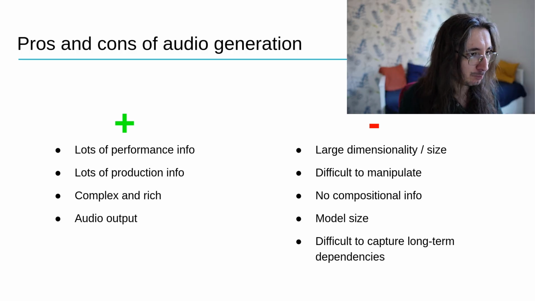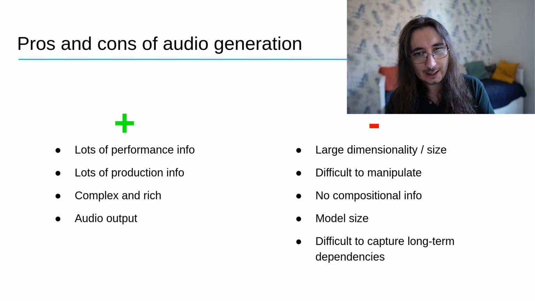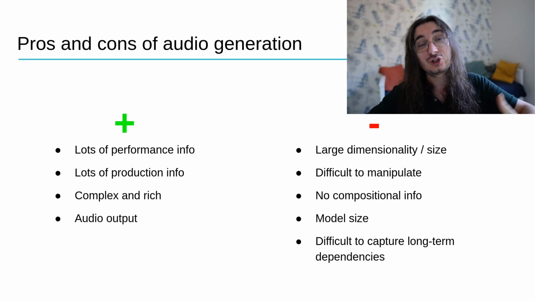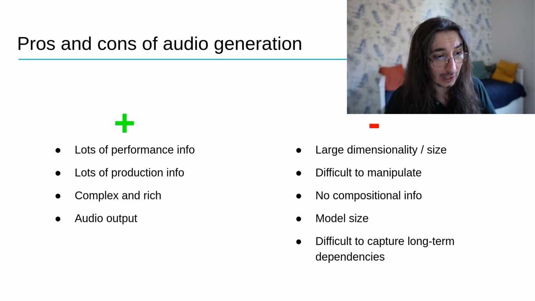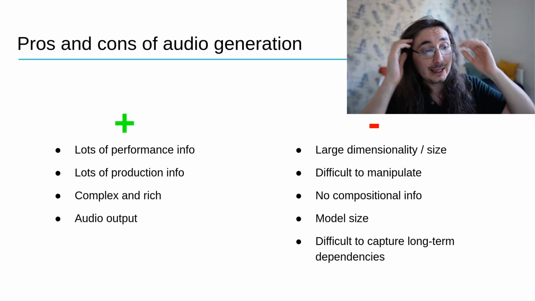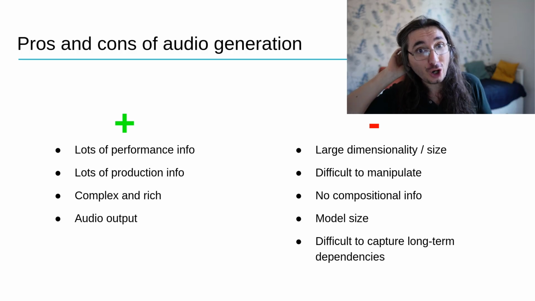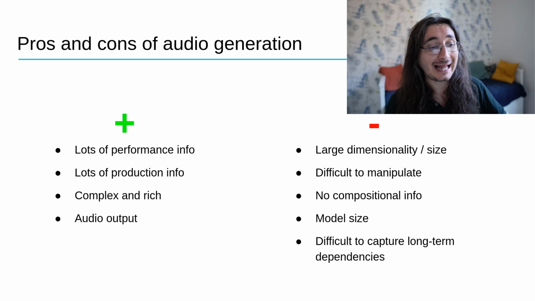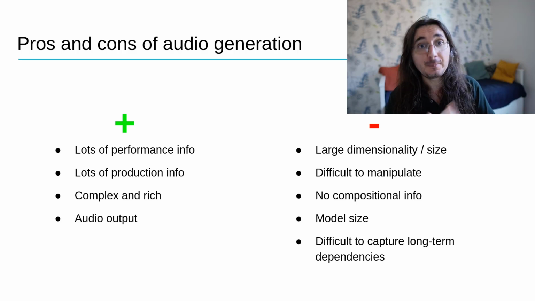Also, if we move on to audio-based generative music systems, we know that usually their model size tends to be quite large, and the reason is because of the large dimensionality of audio representation, and at the same time, because of this issue, it is difficult for these models to capture long-term dependencies.